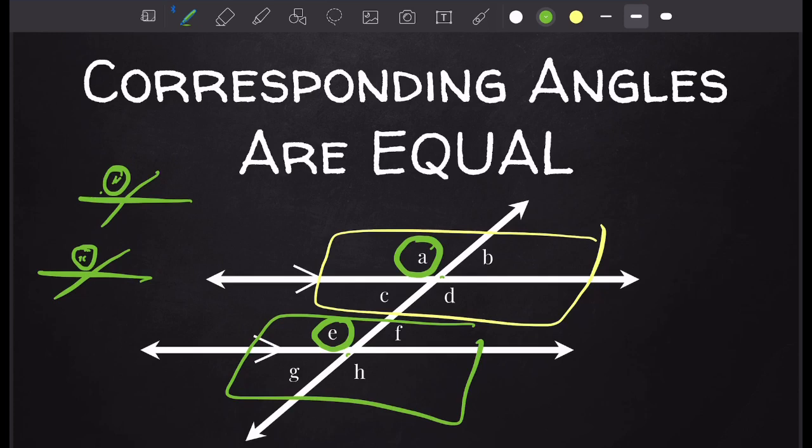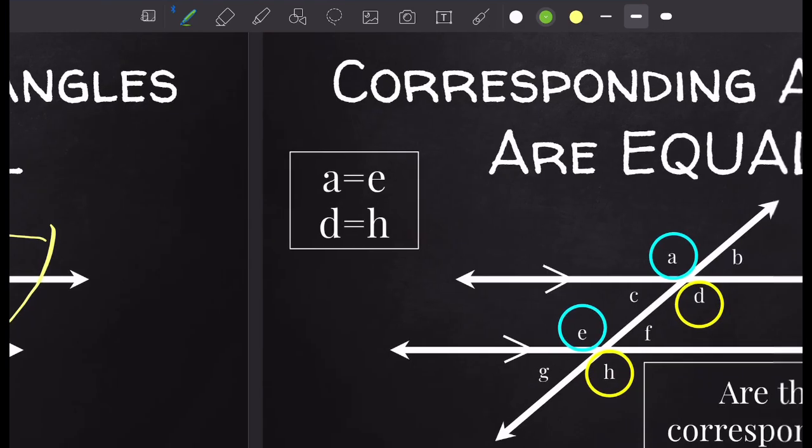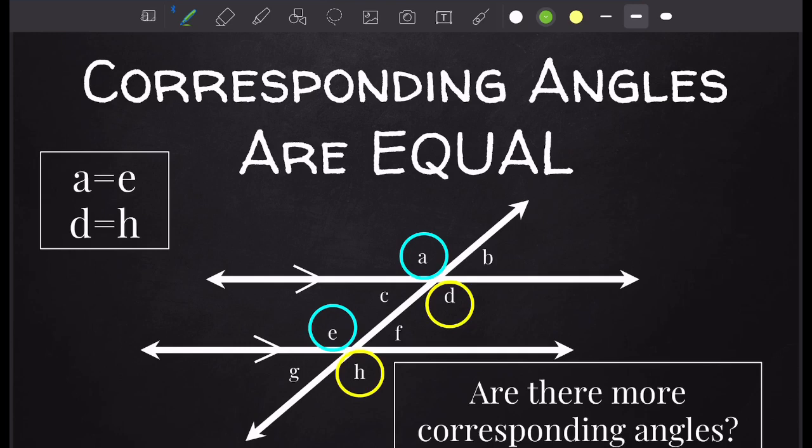So you can say that A and E are equal because they are corresponding angles. So the measurement of angle A and the measurement of angle E are equal, okay? So A and E are corresponding angles. D and H are corresponding angles. Are there any more corresponding angles that you can see?